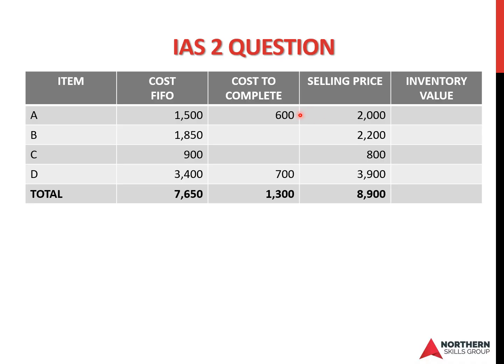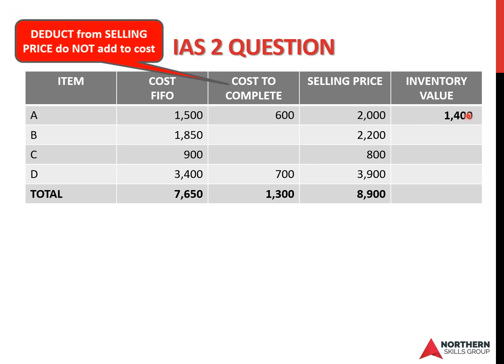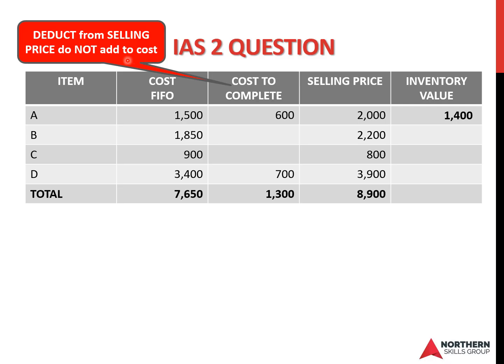So the net realisable value is £1,400. That's less than the cost, and so we take the lower figure for IAS 2, and that gives us an inventory value of £1,400. So do remember, these costs to complete are deducted from the selling price.